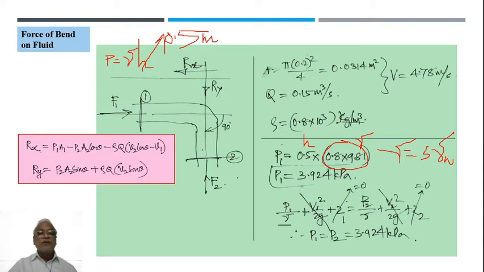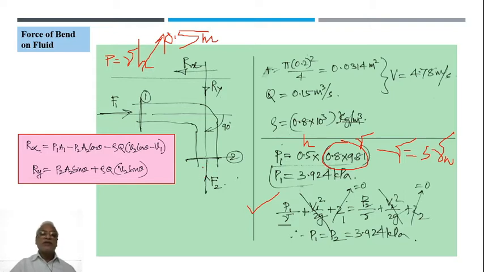Now assuming that there is no pressure given here at point 2, I can always apply Bernoulli's equation, right? And we'll see that P1 and P2 are the same, because the velocity is not changing, and hardly is there any difference in elevation. Actually, this is a horizontal bend.